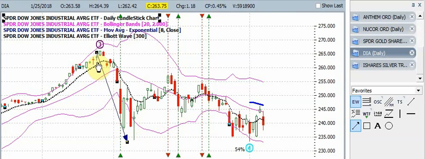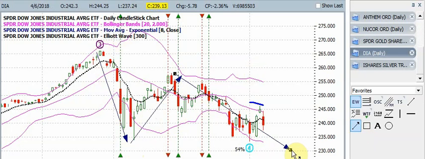It's a retracement pattern, and it's starting from this high, wave 3 high. We have the first wave down, the second wave up, and then the final wave down.